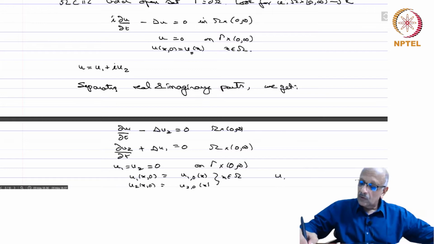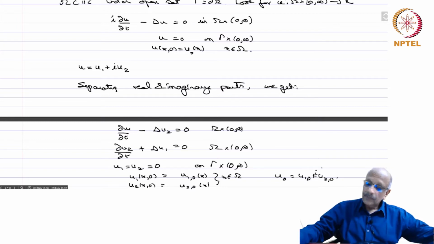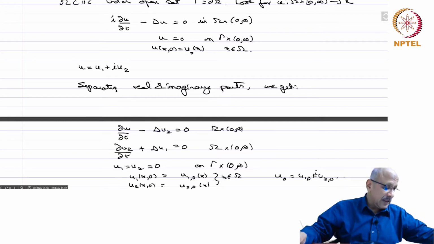So u0 equals u10 plus i times u20, the real and imaginary parts.